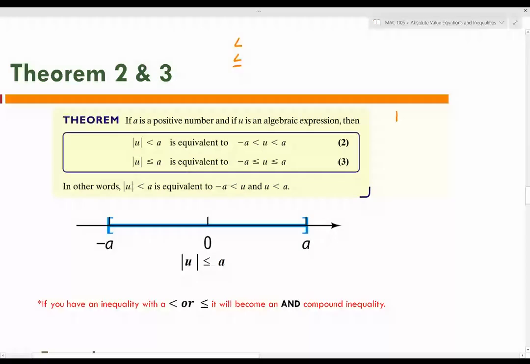So if we had something like this, then we fixed it by saying U equals A and U equals negative A.